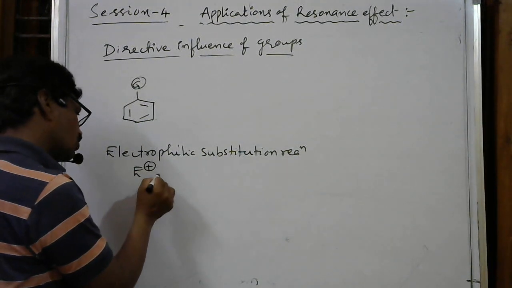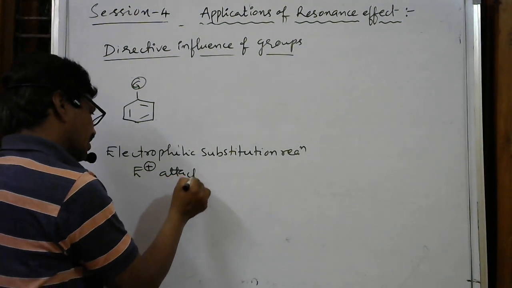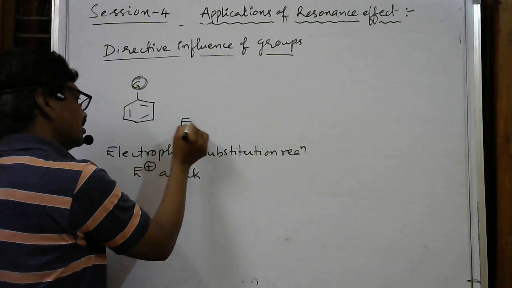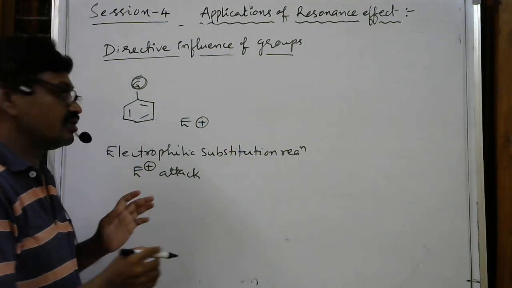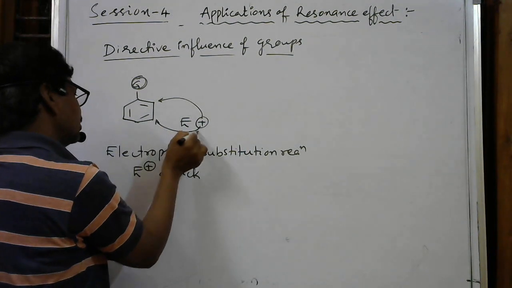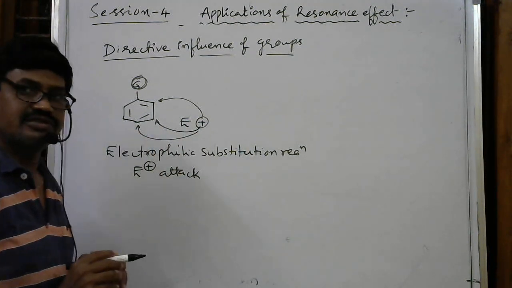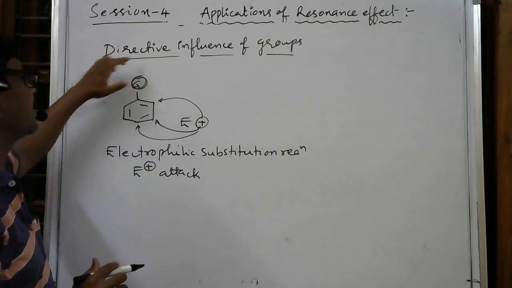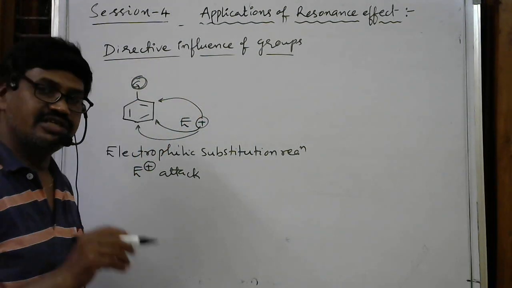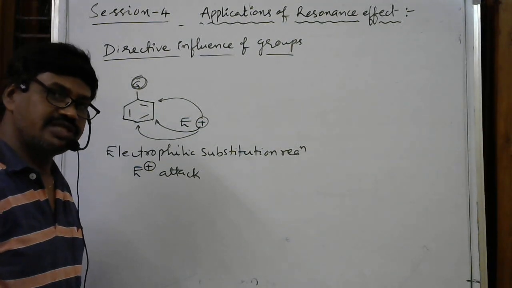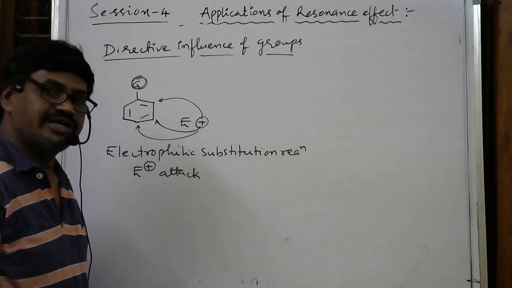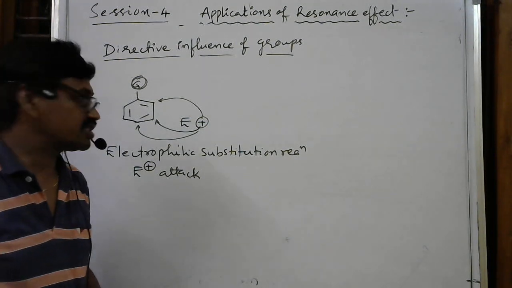E plus means electrophile attack. So already this group directs the electrophile to some position. Maybe it is ortho position, maybe it is meta position, maybe it is para position. So this is nothing but directing influence of the group which is already present on benzene ring. So which groups direct ortho and para position, and which group directs meta position, that we'll discuss now.